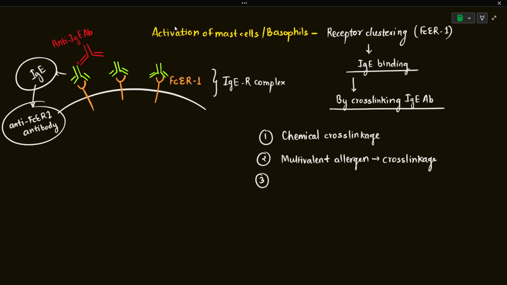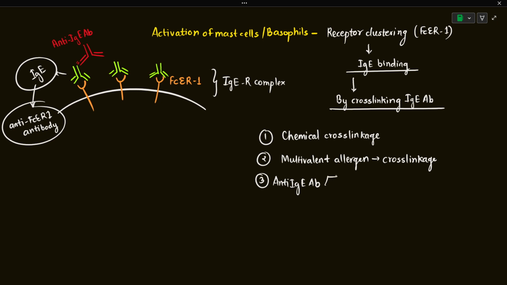Such anti-IgE antibodies can also bring receptors together if they are bivalent or multivalent. They will bind to multiple IgE, bringing the receptors closer. So binding of anti-IgE antibodies will also result in receptor clustering, and cross linkage of the IgE antibody can be possible due to anti-IgE antibodies.